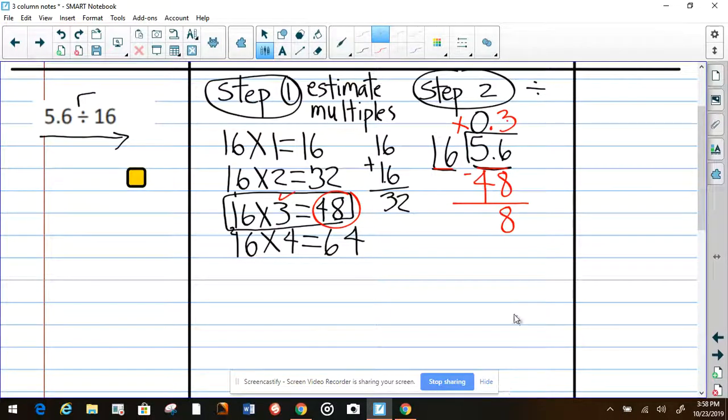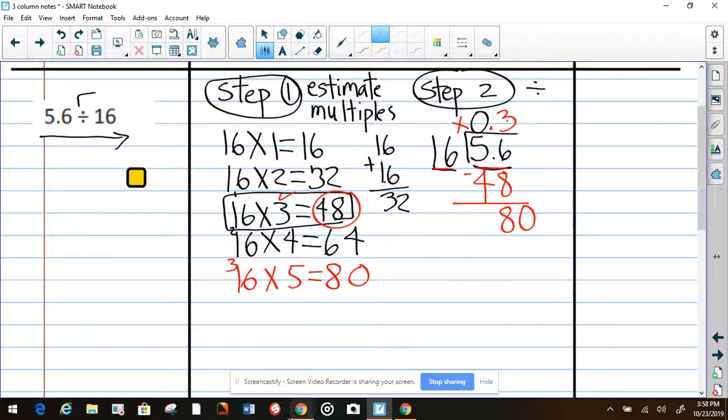Now, can we give this number a 0? Well, yes, let's see if we can find more decimals on the quotient. So now we know that 16 can go into 80 how many times? Well, we already have this setup right here. So let's see, 5 times 6 equals 30, you carry 3 over. 5 times 1 equals 5 plus 3 equals 8.